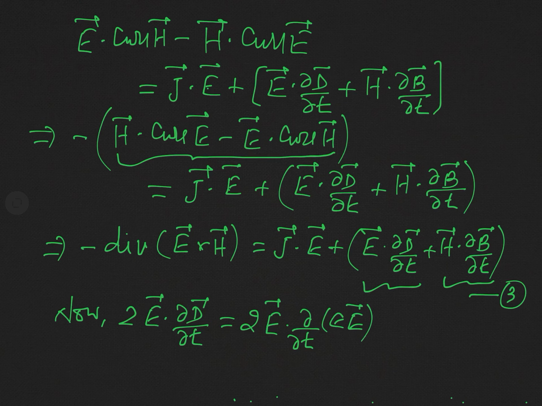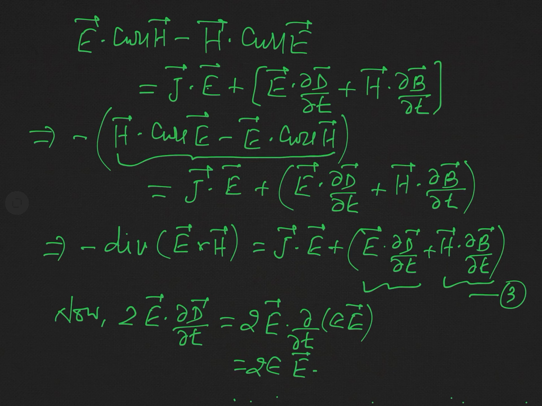And as we are considering a linear dielectric with no dispersion, no losses, this epsilon will in this condition be a constant for a given medium and a scalar. So we can take it out from the differential operator.